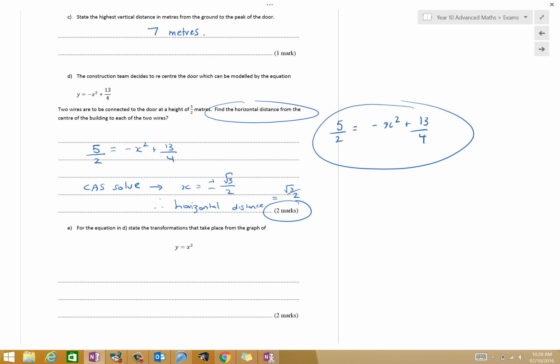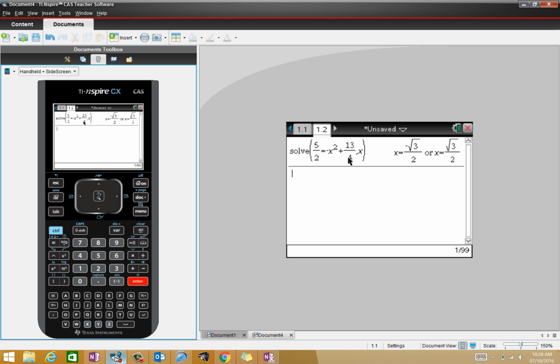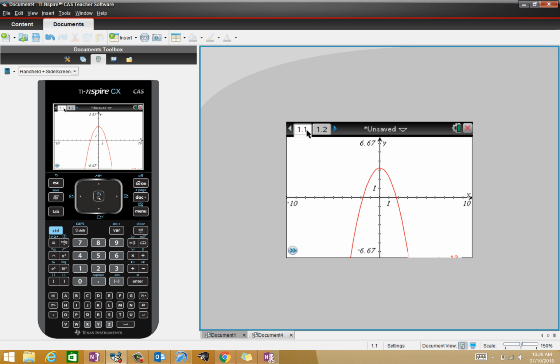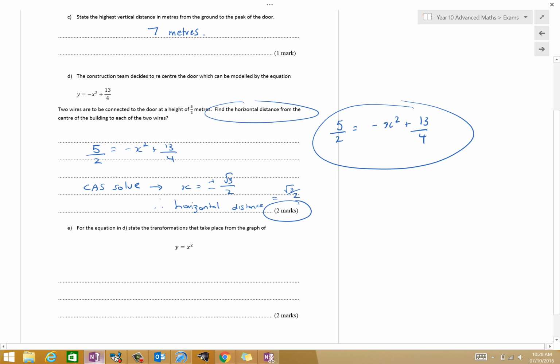It's root 3 on 2 that way, root 3 on 2 that way. The centre of the building is here. This distance there is root 3 on 2. That distance there is root 3 on 2. So you can see that that's what the question's asked us to answer.